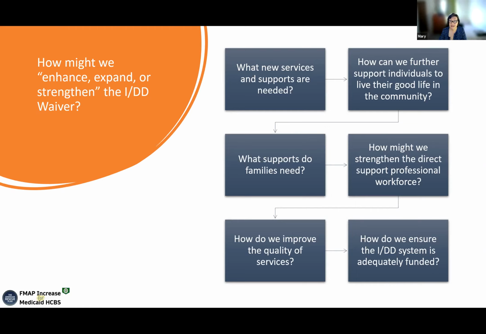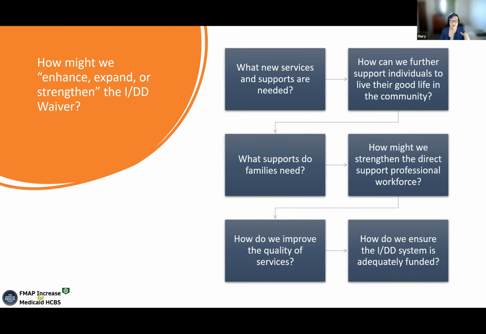We need to be able to address having a skilled and competent workforce. And related to that is, how do we improve the overall quality of services? And then how do we ensure that the IDD system is adequately funded in the long term?